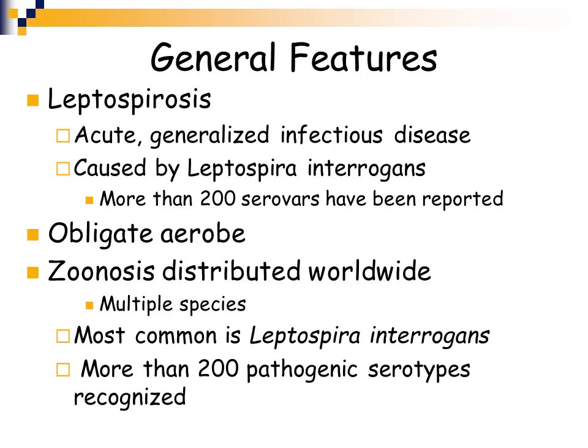Leptospira is an obligate aerobe, and it's a zoonotic organism that has worldwide distribution. There are multiple types of animals that can carry Leptospira interrogans. So there are many species of Leptospira, but Leptospira interrogans is the most common organism that has been involved in human infection.